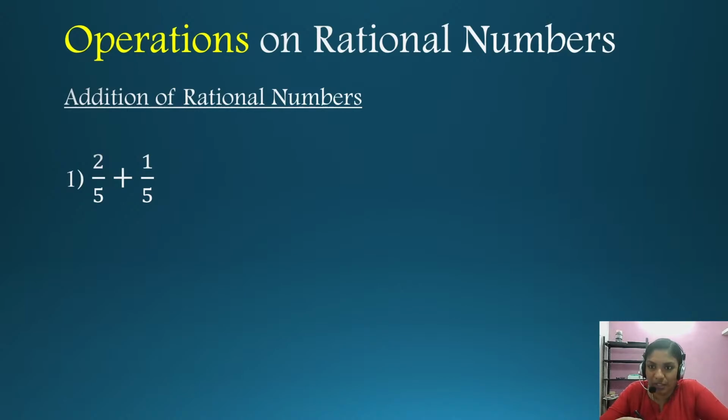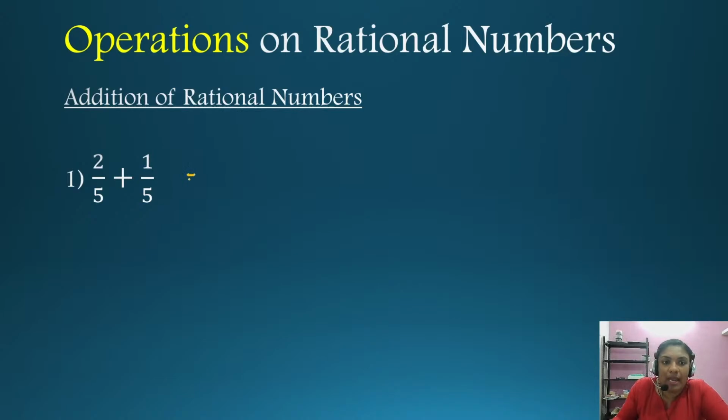Now we are getting into operations on rational numbers. This is a very important topic. We should be able to add, subtract, multiply and divide rational numbers. First one, addition of rational numbers. Let's see how to add two rational numbers. 2 by 5 plus 1 by 5. They have the same denominator, right?